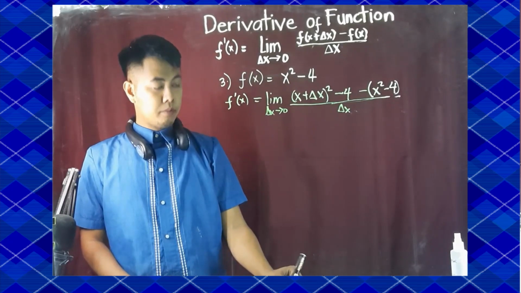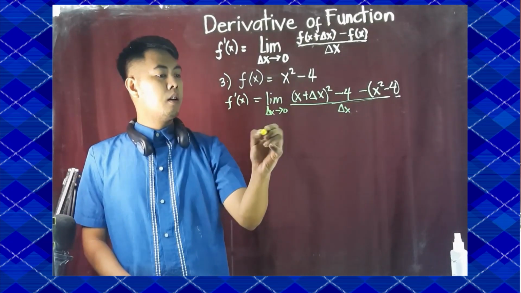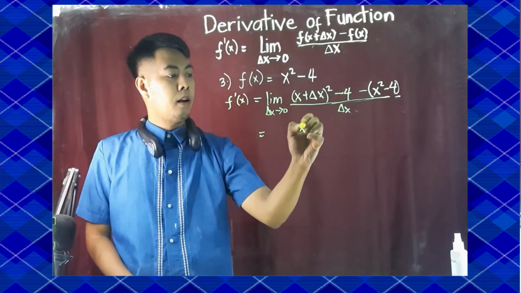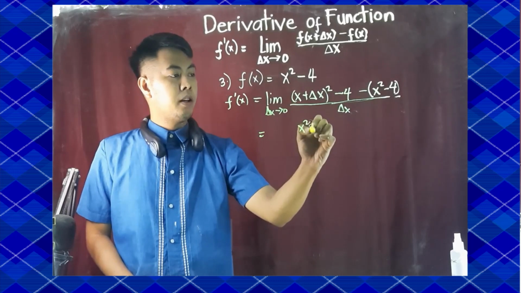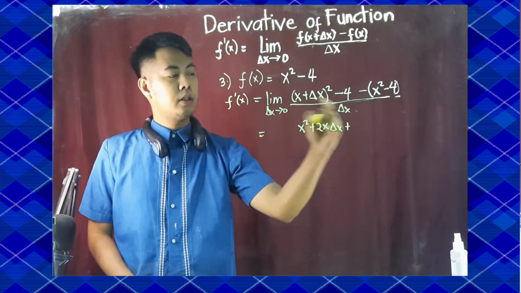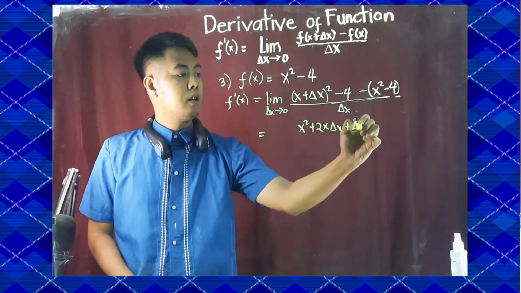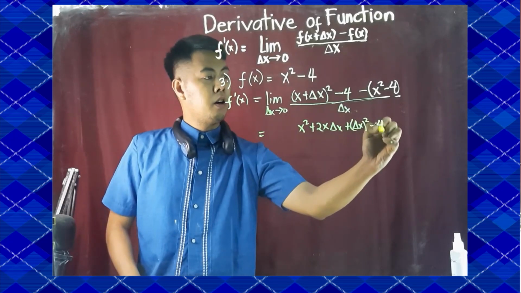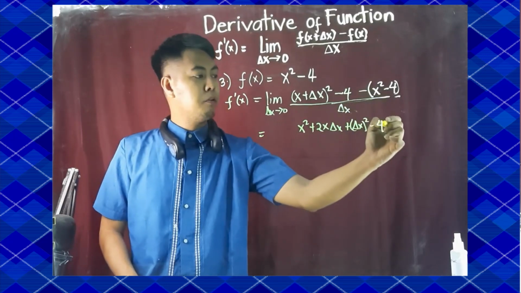Okay, next, simplify this so that it will become x squared plus 2x delta x plus delta x squared minus 4. So distribute now the negative to the quantity.